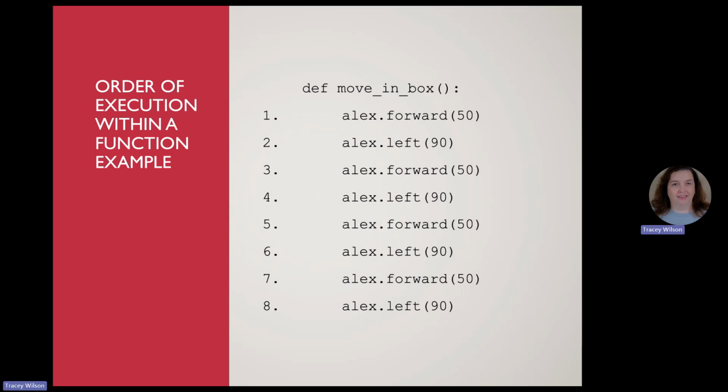So we declare this function very similar to the way we declared our main, right? We have def, the name of the function, which we're going to give whatever we want to name it. I suggest you make it something useful and meaningful. If your function draws a square, call it draw square.